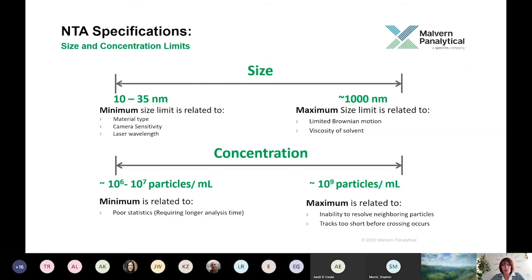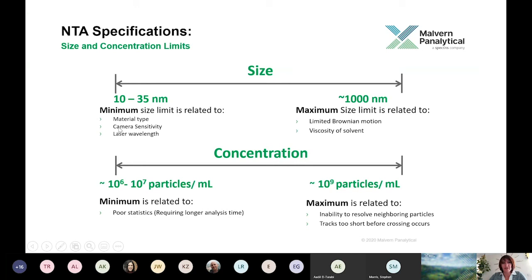So where are we operating and what are the limits of our system and technology? We can detect particles as small as 10 nanometers. However, this depends on the sample properties and material type. For highly scattering materials like metals, so gold, silver, the system will be able to detect from as small as 10 nanometers.